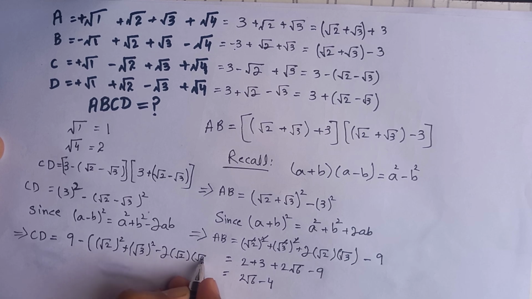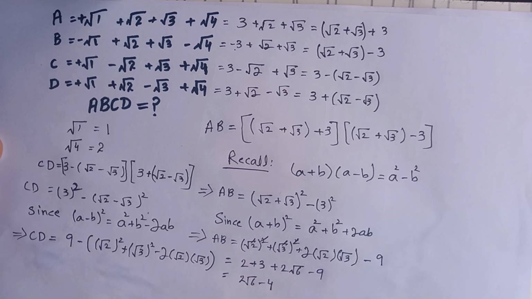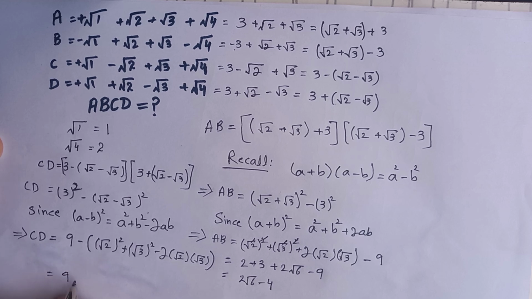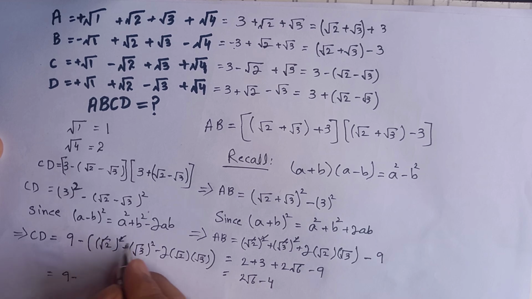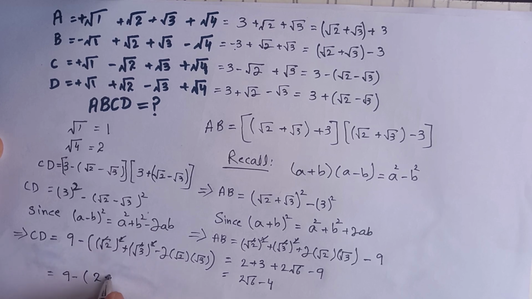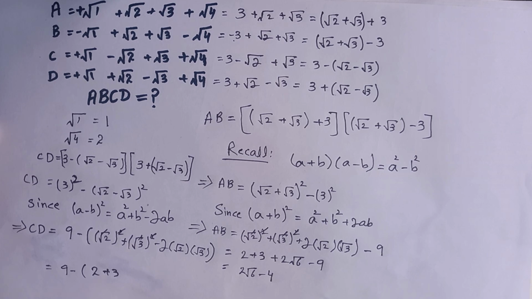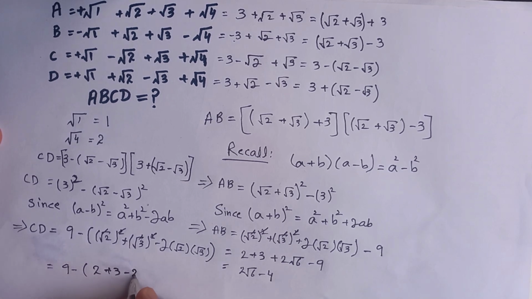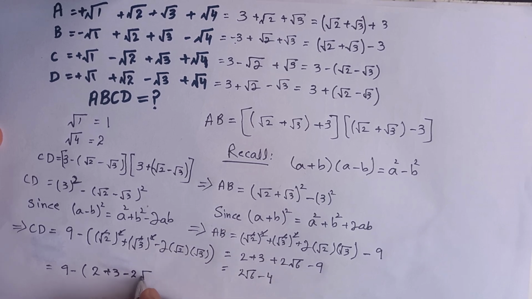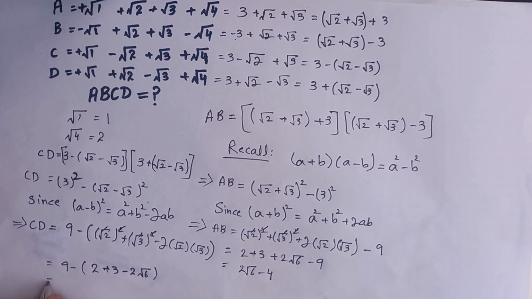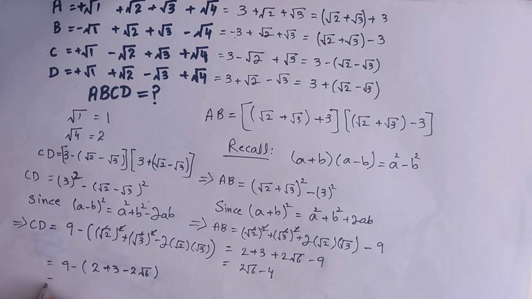This is 9 minus 2 plus 3 minus 2 root 6. The minus is outside the bracket, so the signs will change.